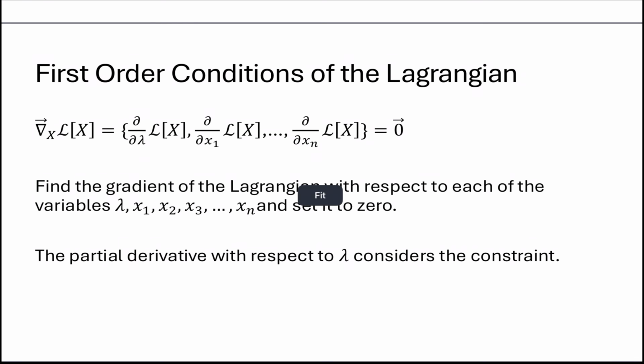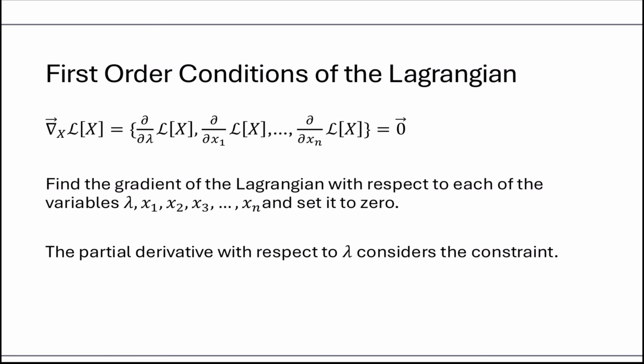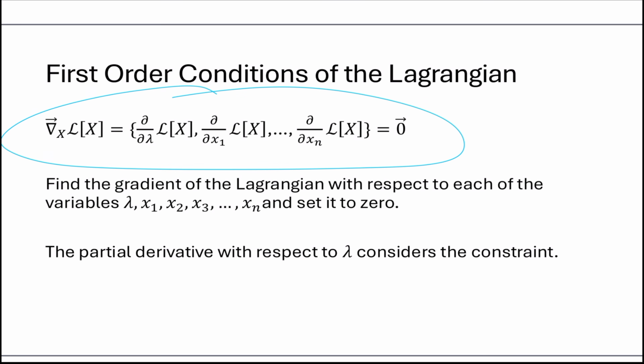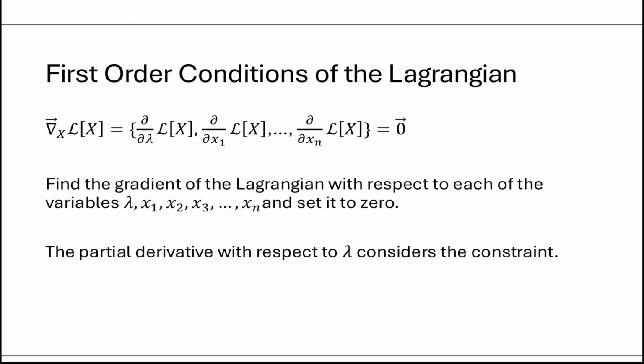But before we get onto that, looking at the first order conditions of the Lagrangian, this is a sophisticated way of expressing them. We take the Lagrangian, differentiate it with respect to lambda, with respect to x1, all the way up to the last variable, which in this case is xn, and equate each to 0. When we work out the first order conditions, we are just working out the gradient.